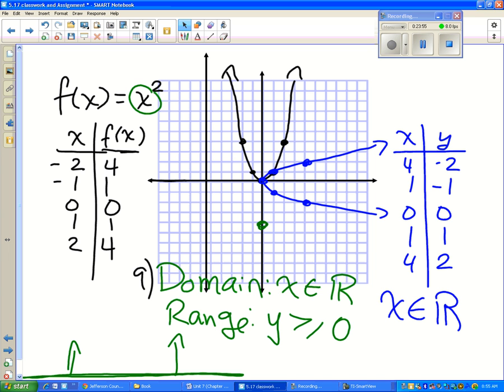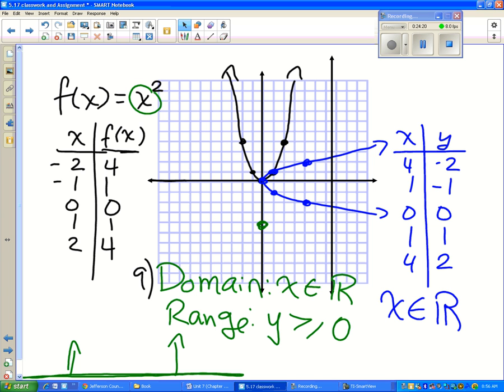Number 10, the first thing they asked us, now that we looked at the original function, number 10 asks us, is my inverse a function? If I take this black vertical line and move it over the blue graph, do I hit the blue graph more than once at a time?